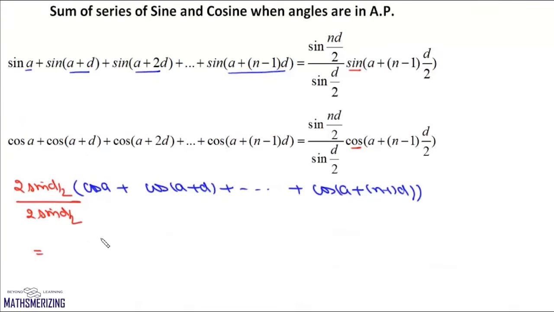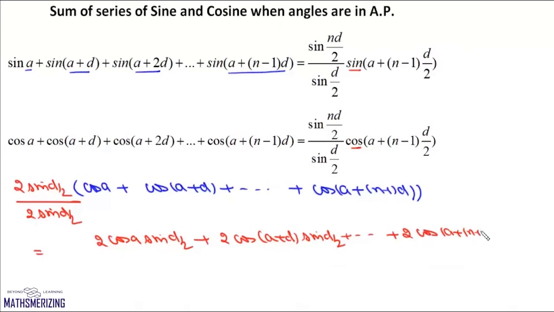So we can write this as 2 cos A into sin(D/2) plus 2 cos(A+D) sin(D/2), and it'll go all the way up to 2 cos(A+(n−1)D) into sin(D/2), whole into 1 upon 2 sin(D/2).